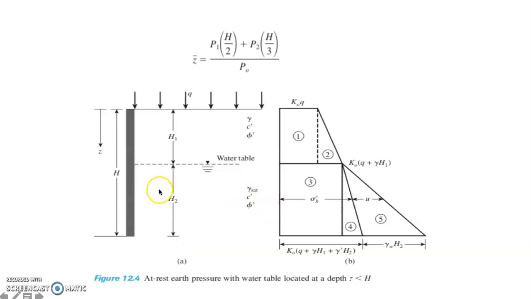So that is the vertical stress at H2. Meaning to say, the vertical stress would be a summation of all the vertical stress above that point. So we have now the vertical stress at Z equal to H2.